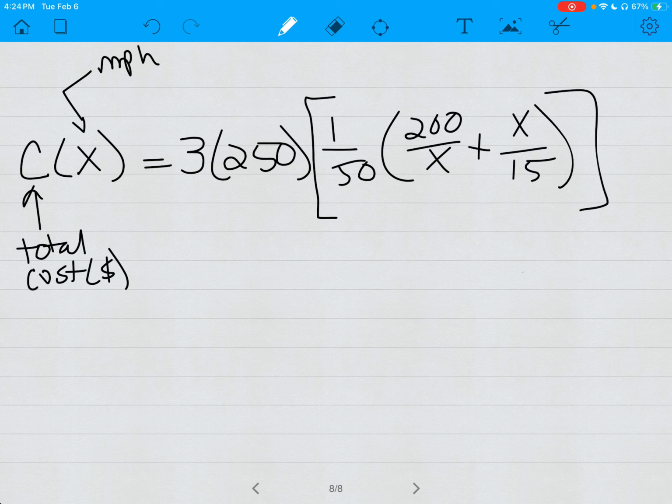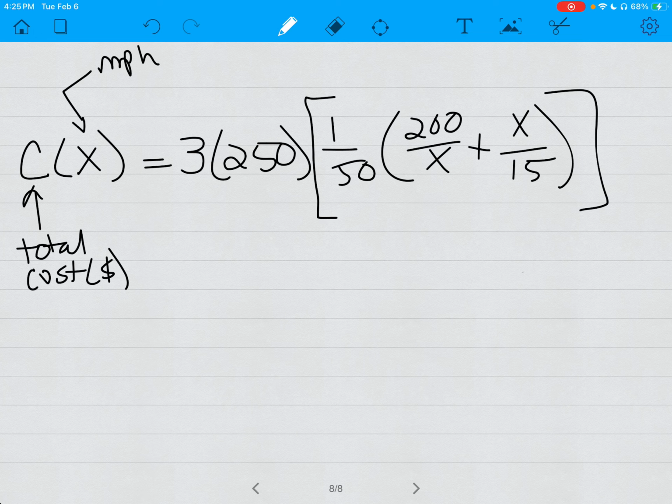That's actually going to give us the total cost based on the miles per hour that we were traveling. Okay. Now, the whole first part of this is just going to be us cleaning up this expression, and then we'll start to optimize it to look at how do we minimize cost? How fast should we be going on average? And then what is that minimum total cost?